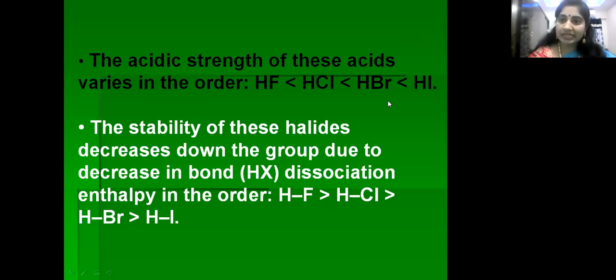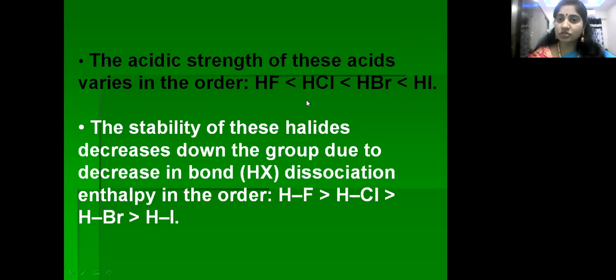So that's why HI can easily give H plus ions when compared with HF, HCl and HBr. The substance which gives H plus ions easily is called more acidic in nature.